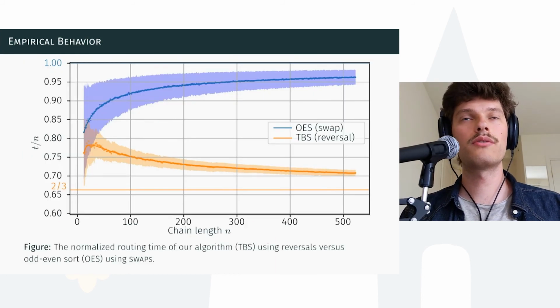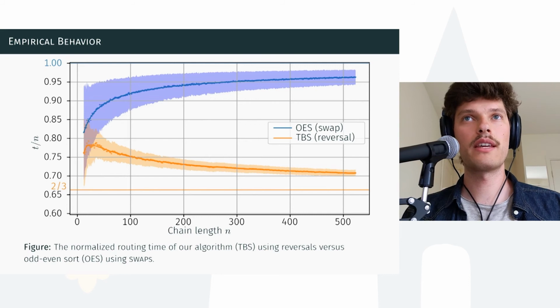We also implemented this algorithm in software and sampled many permutations randomly and plotted here the normalized routing performance of our algorithm, TBS, versus that of swaps. So that is odd even sort, or OES.